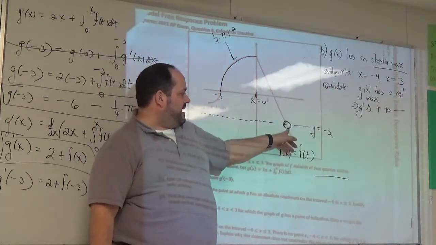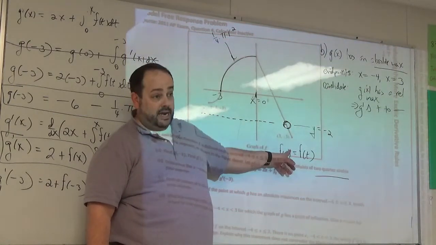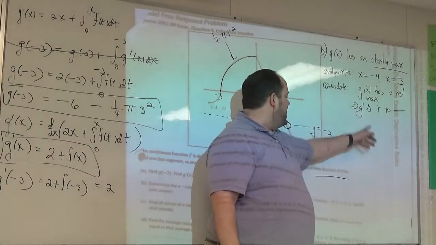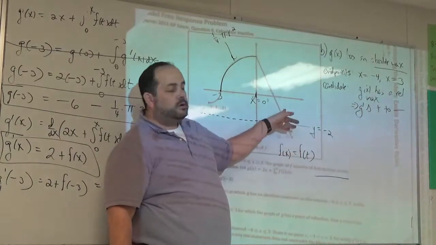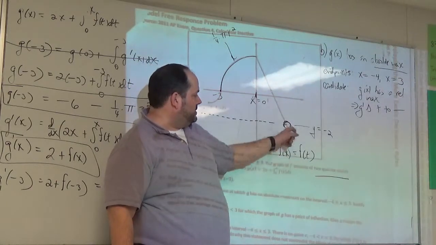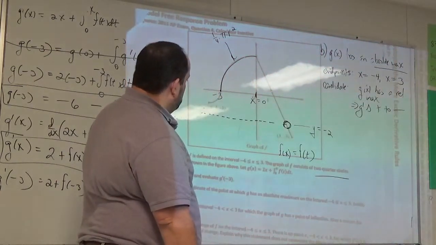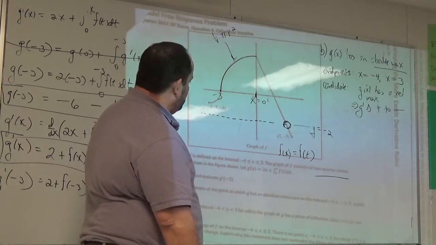When the graph of f changes from being greater than negative 2 to less than negative 2, g prime is going to change from being greater than 0 to less than 0. It's a little tricky here. So where's that point?